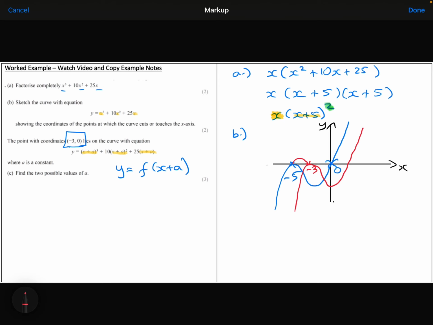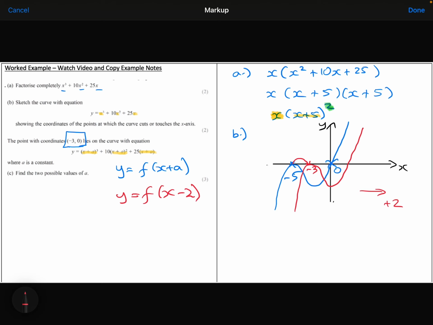In which case it would have moved 2 squares in the positive direction. In order for it to have moved 2 squares in the positive direction, a would have had to have been minus 2. It would have been the transformation x minus 2.